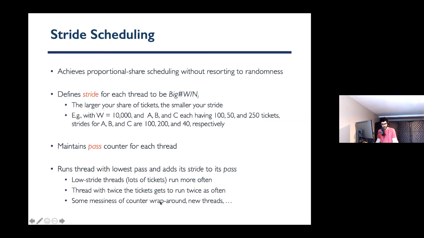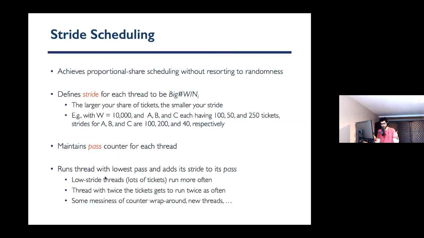What happens with this scheduling is that if you have a low stride, you will get more CPU time, because every time you get the CPU, your pass is going to be increased by a little bit because your stride is small. And if you have a big stride, then the one time that you get the CPU, your pass is going to be increased by a lot.